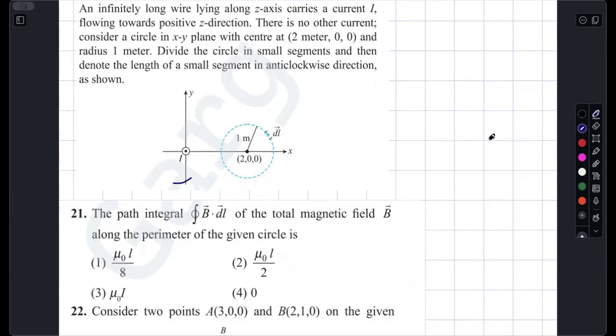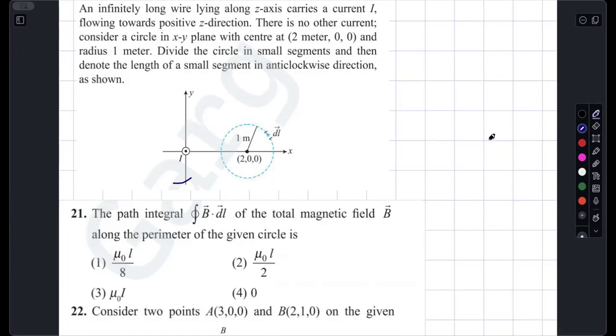Divide the circle in small segments and then denote the length of the segment in anti-clockwise direction as shown. The path integral of B bar dot dL bar of the total magnetic field B bar along the perimeter of the given circle is. Everyone can answer this.